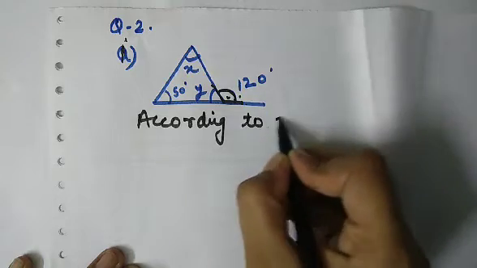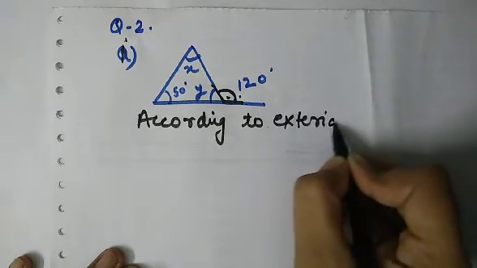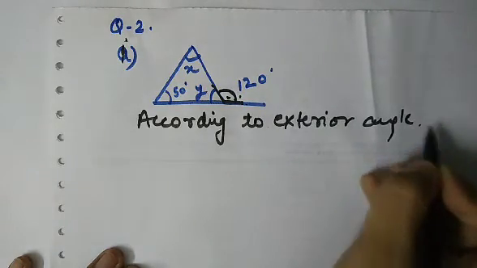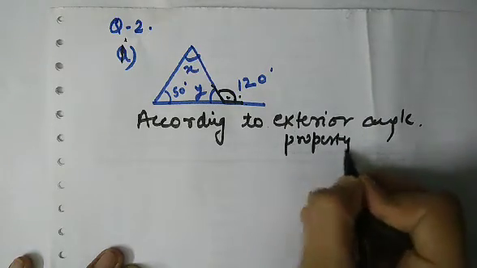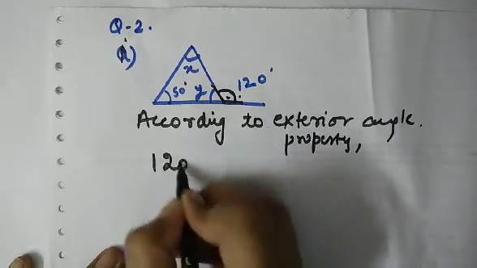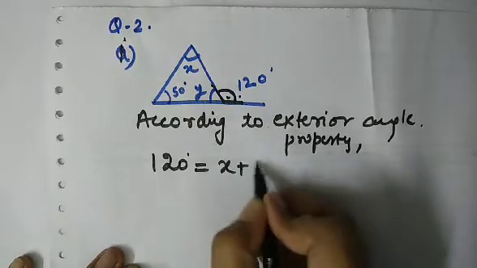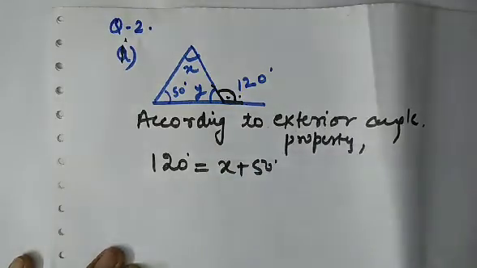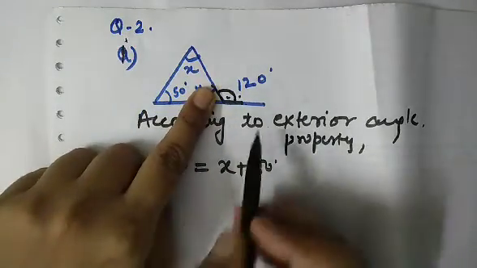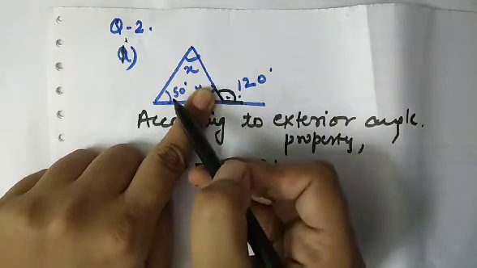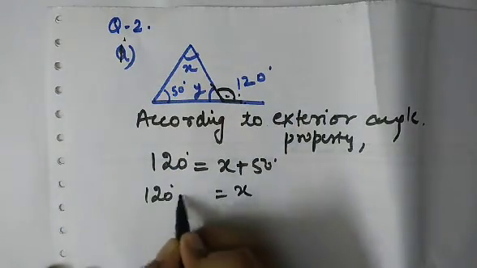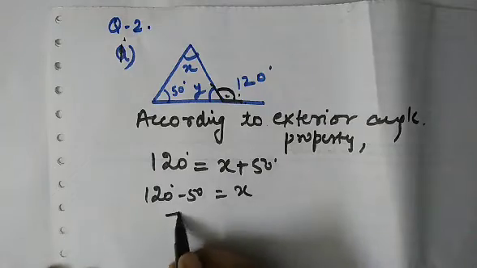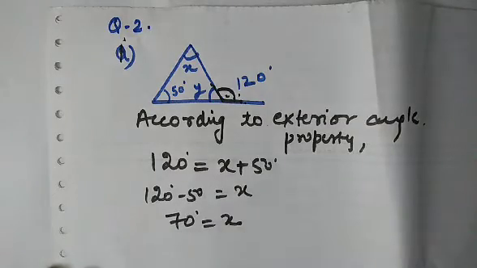According to the exterior angle property, we have learned in lecture number 1, this 120 equals x plus 50 degrees. If I hide this y, then 120 is equal to x plus 50. So x will be 120 minus 50, so this is 70 degrees. x is 70 degrees.